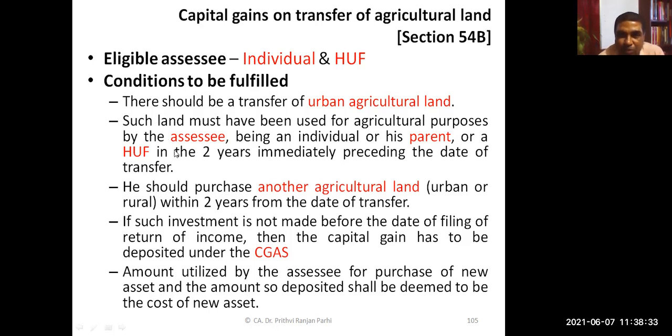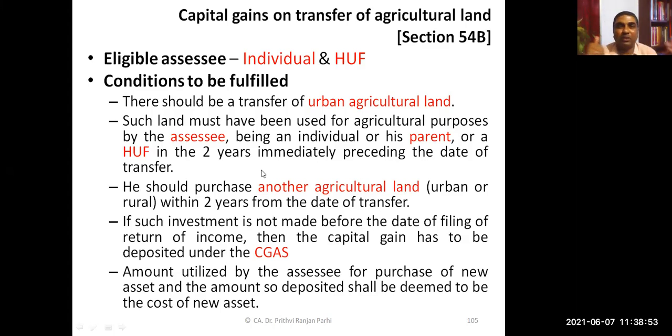Either the assessee must be using it, or his parents might be using it, or the HUF must be using that particular land in 2 years immediately preceding the date of transfer.